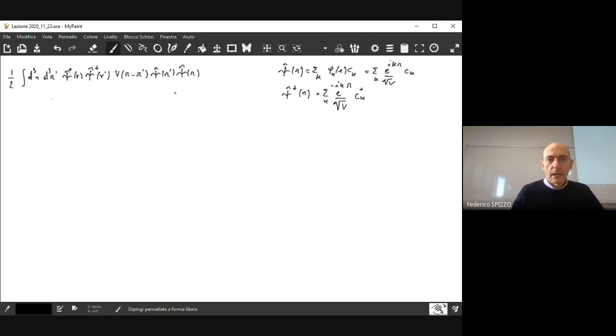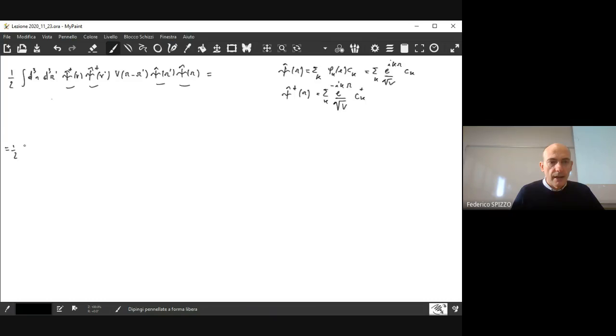And what I would like to do now is to substitute the expression of those operators into this expression here. Now, I have four operators, so I need four summations. At this point, I will use j, k, m, n as indexes of summation. I will skip index i because otherwise there is the risk of confusing it with the imaginary unit.